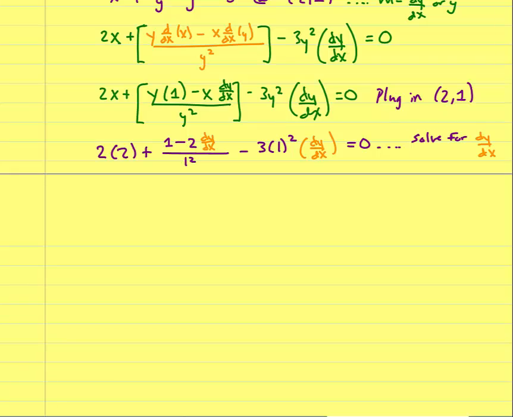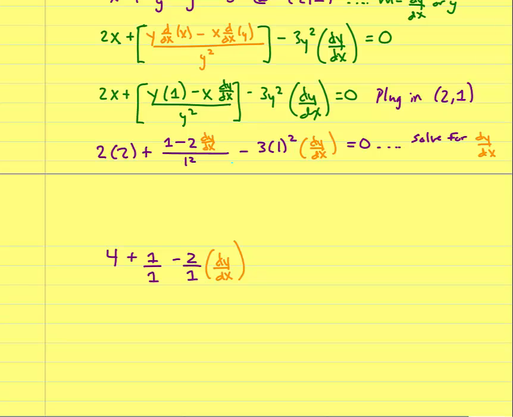Okay, on the left hand side I have 2 times 2 is 4. Now I'm going to split this up into two different pieces here. This will be plus 1 over 1. I can separate a fraction as long as I only have a monomial in the denominator. So plus 1 over 1 minus 2 over 1 dy dx. And I could have multiplied through by the denominator.